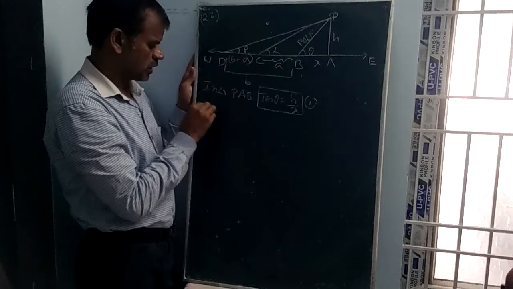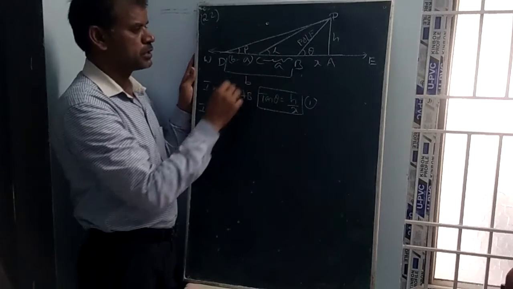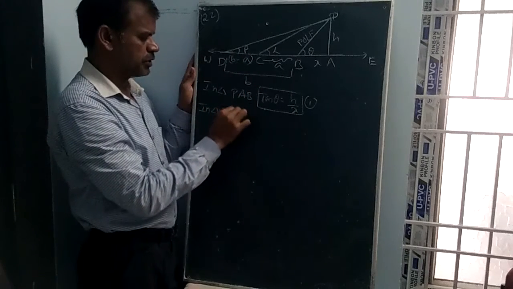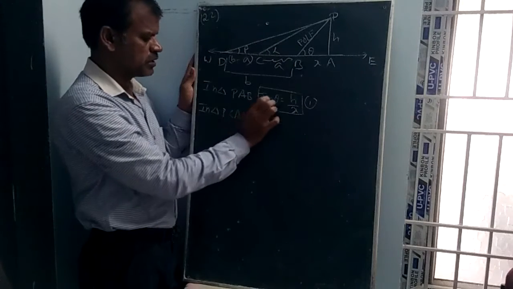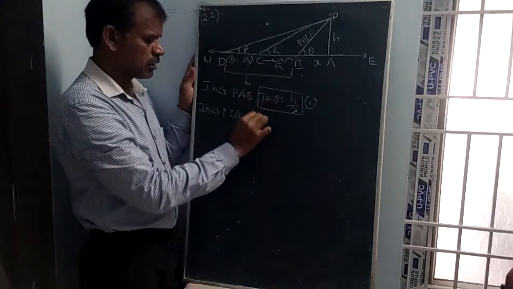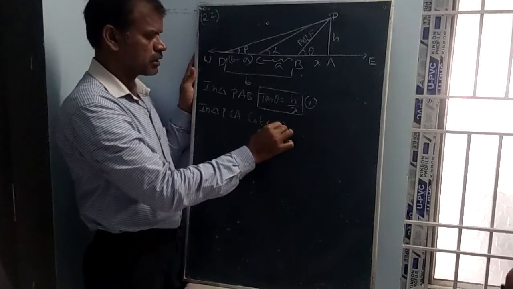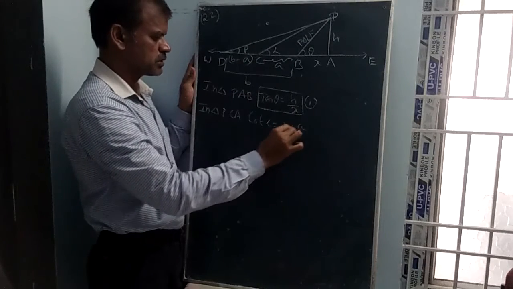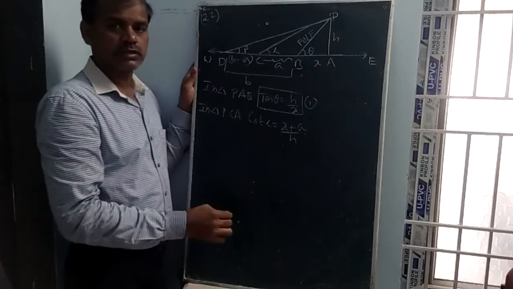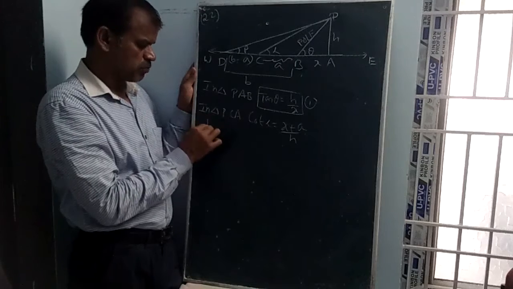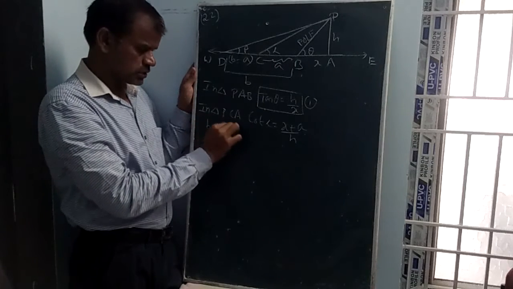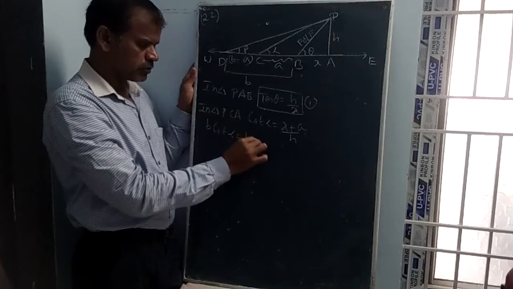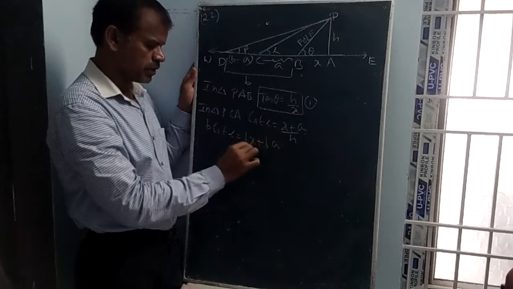Now in triangle PCA, cot alpha is equal to x plus a by h. Now multiply with b on both sides: b cot alpha equals bx plus ba by h.